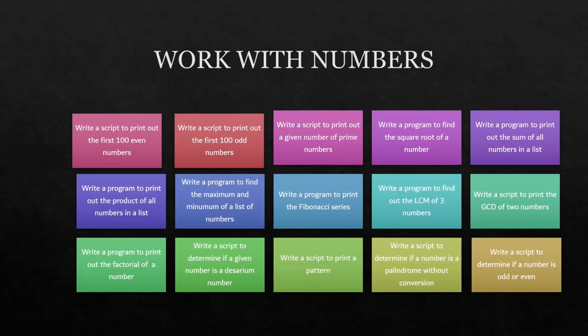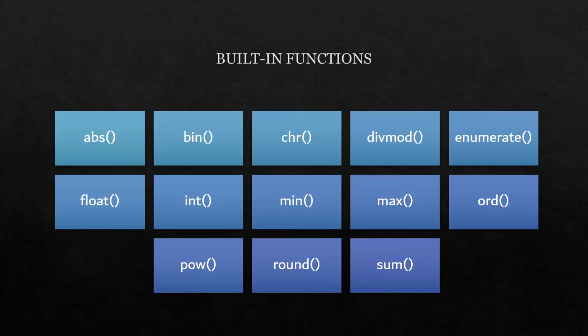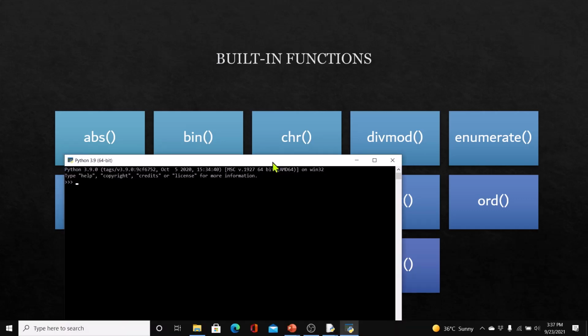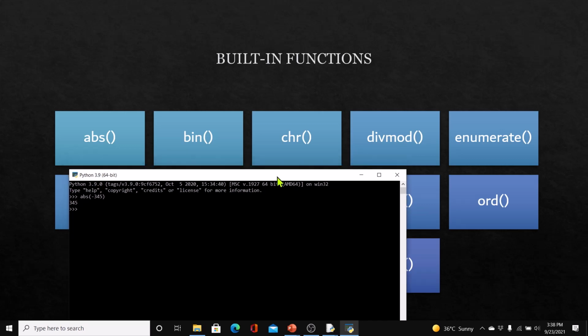Right, so now we're going to look at the different functions that Python provides. We start with absolute. If I say ABS of minus 345, we'll get 345. So that's like the maths modulus, right?